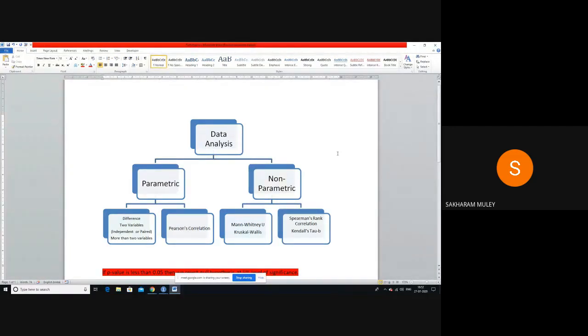You want to find out how much improvement has happened to that group after teaching. That kind of testing we call before and after testing. So we are either comparing two independent groups or comparing a paired group of variables, that means before and after.